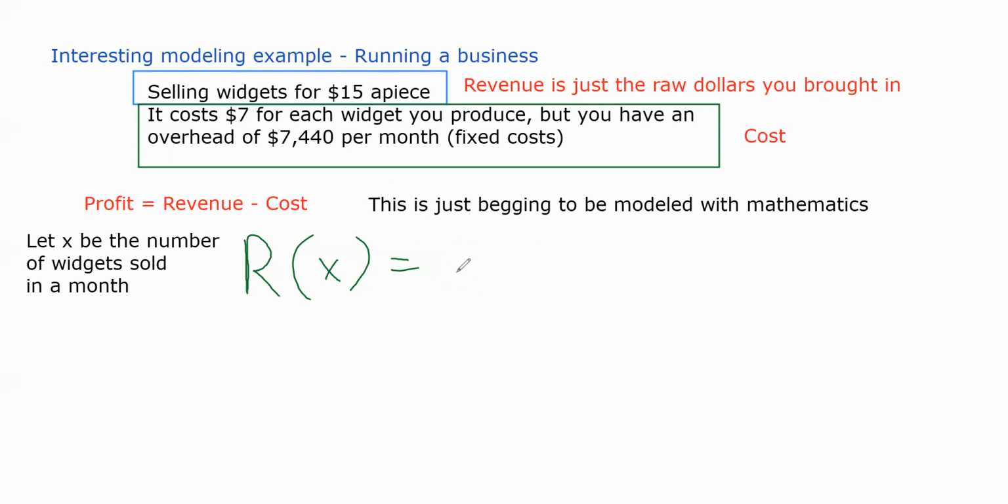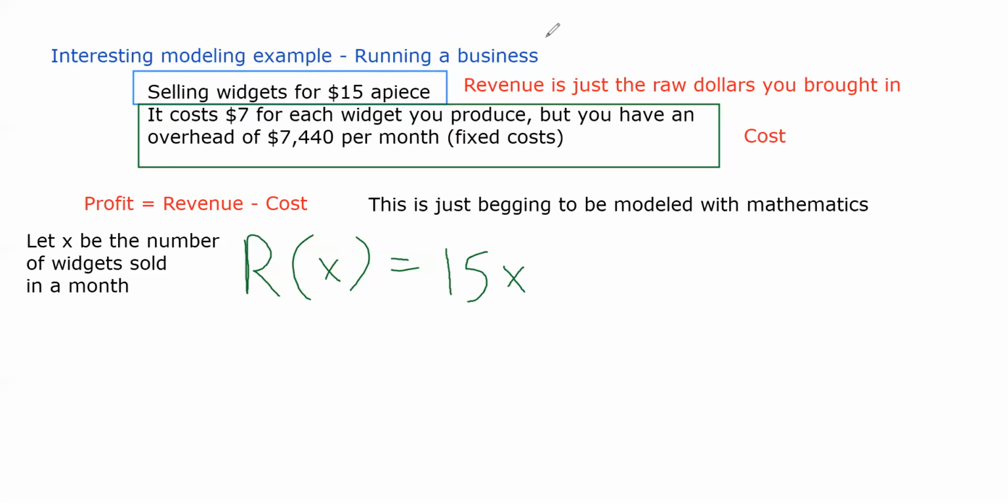Well, let's see, it's $15. I should probably incorporate the 15 somehow. Should incorporate the 15, and then it's just multiplied by the number of widgets, the things that I'm selling. And that's all there is for the revenue, 15x.